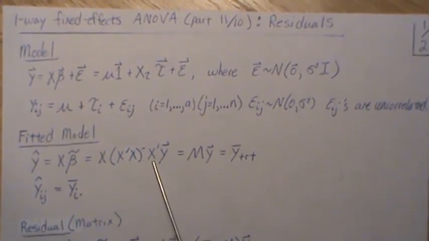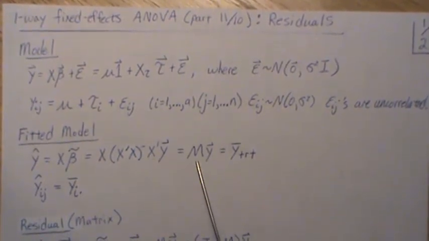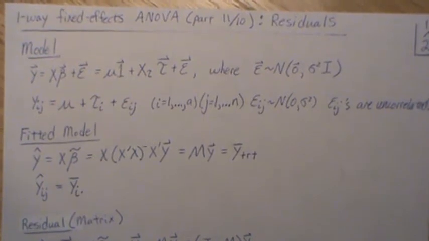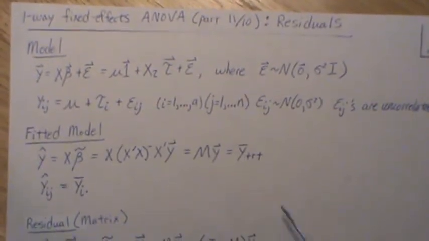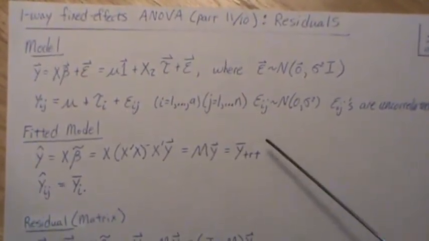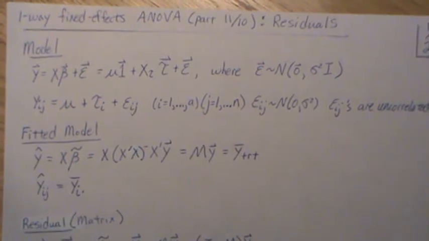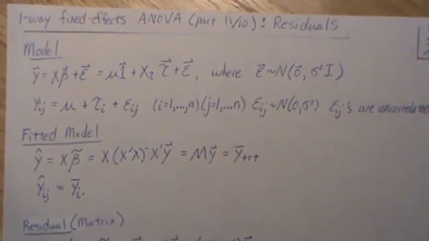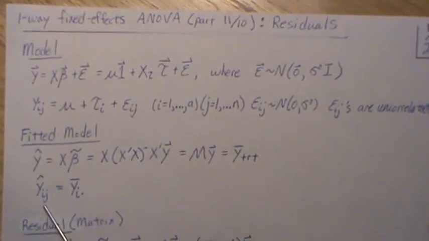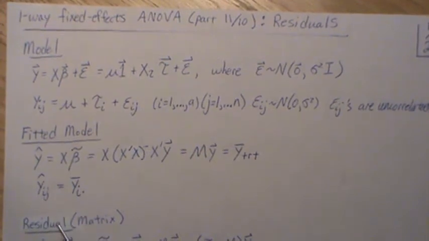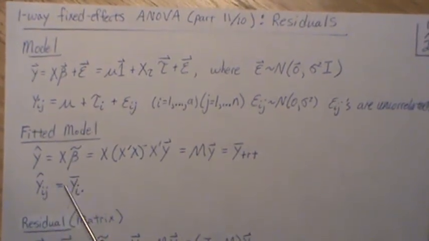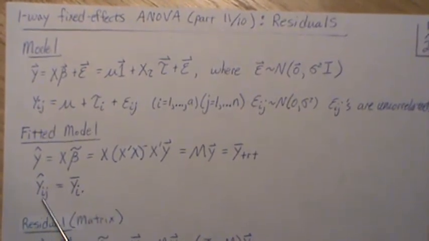Now this first part we call M, which is a perpendicular projection matrix onto the column space of X, and then M times y is unique, and we call that the treatment mean vector. The structure of this we covered in previous videos. Now from a scalar point of view, the fitted model, y_ij hat, is equal to just the ith treatment mean.